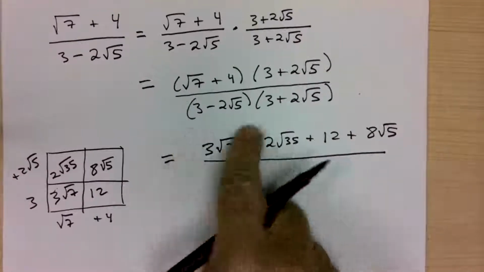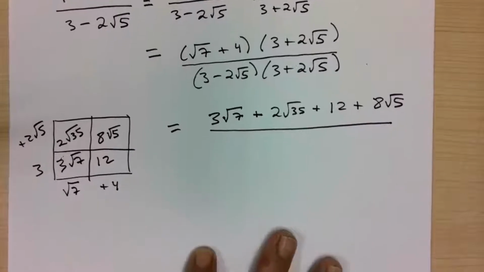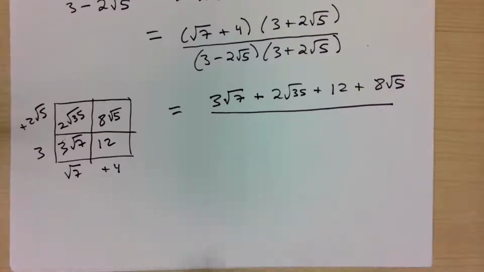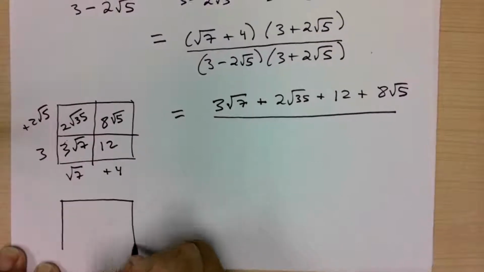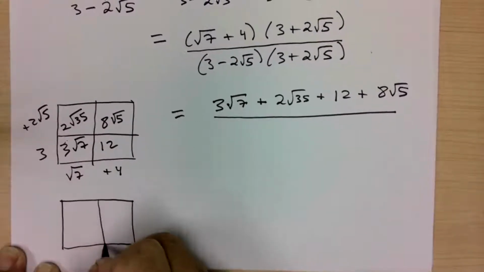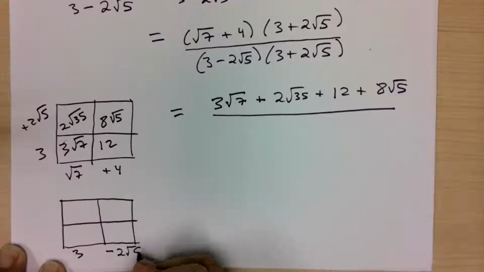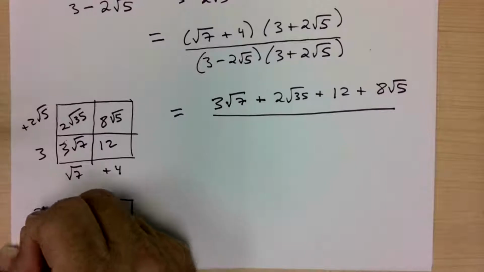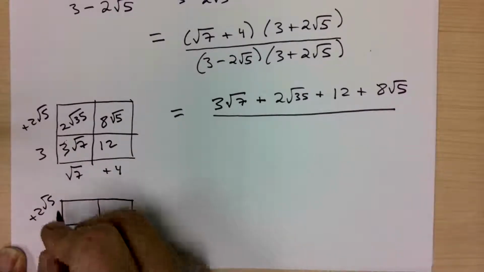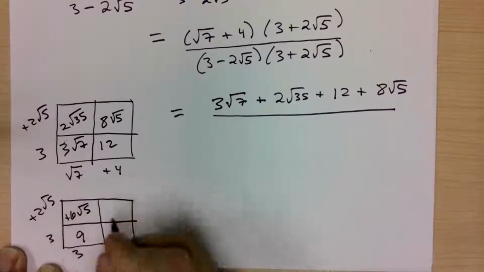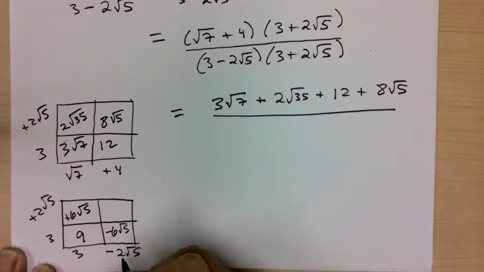Well, I have to do 3 minus 2 root 5 times 3 plus 2 root 5. So let's do that. 3 times 3 is 9. 3 times 2 root 5 is positive 6 root 5. 3 times negative 2 root 5 is negative 6 root 5.